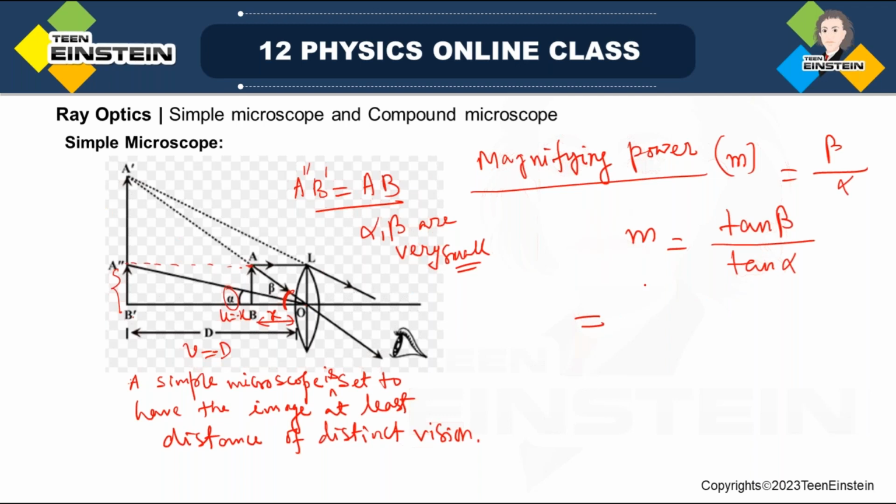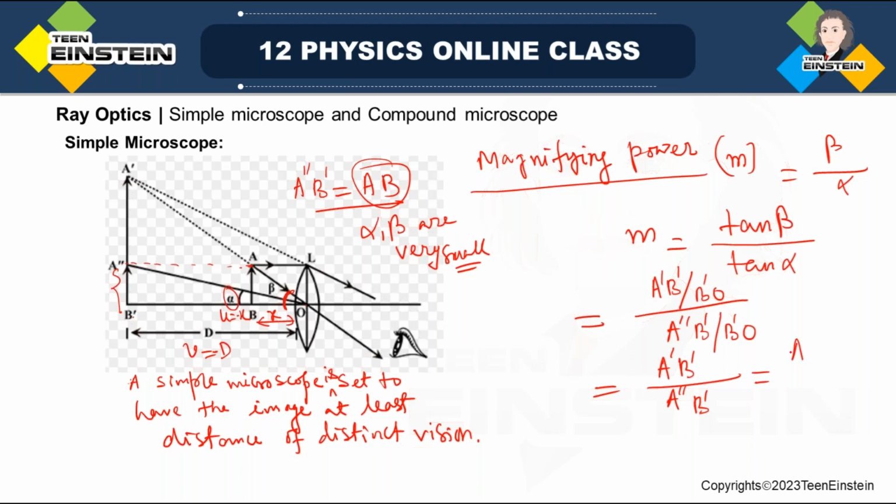So this is actually perpendicular by base, so A prime B prime by B prime O, and tan alpha will be this one, A double prime B prime divided by B prime O. This B prime O will cancel, and here we will get A prime B prime divided by A double prime B prime, and since A double prime B prime is the same height as AB, I can write A prime B prime divided by AB.